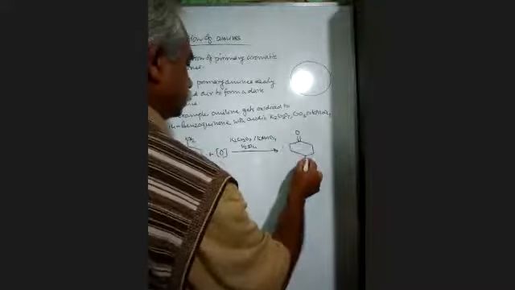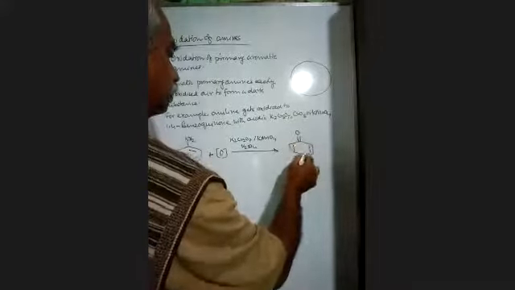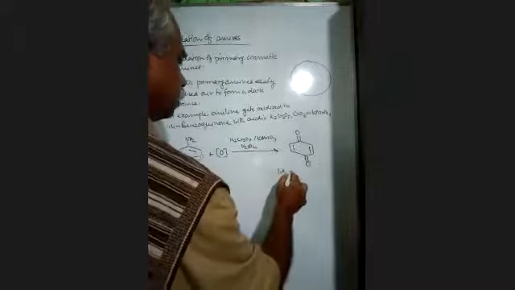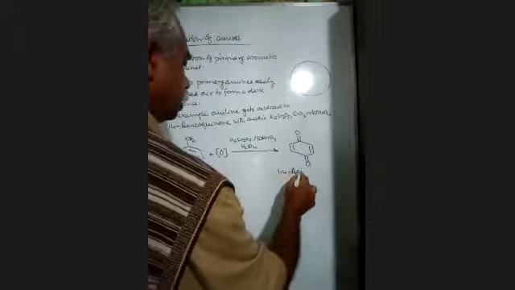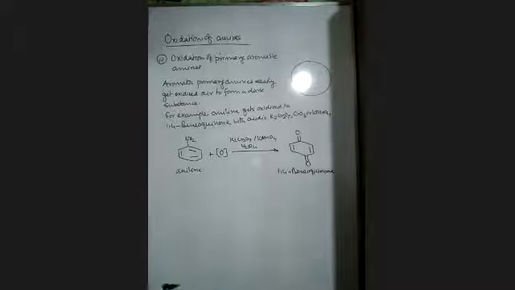This is 1, 4. See, 1, 2, 3, 4. So it is 1, 4 benzoquinone. Benzoquinone is a classical name. I thought I should do this because it is for your entrance exam, and you cannot learn it alone. You should learn together.